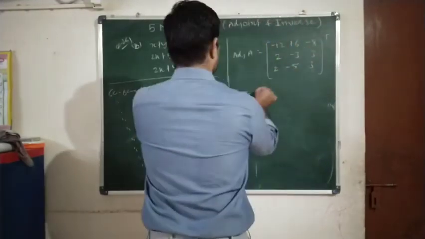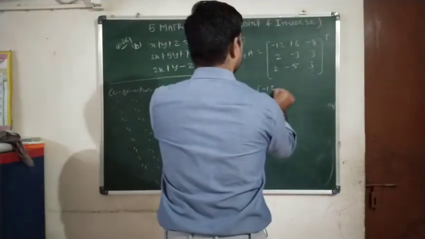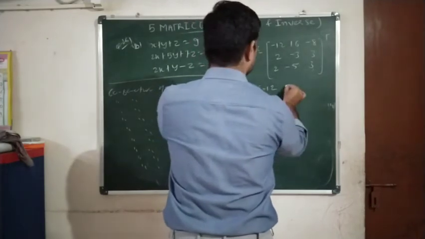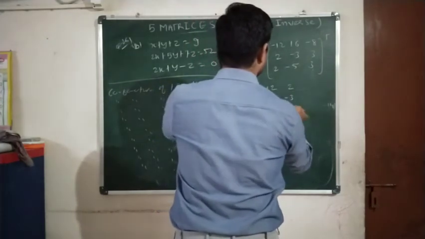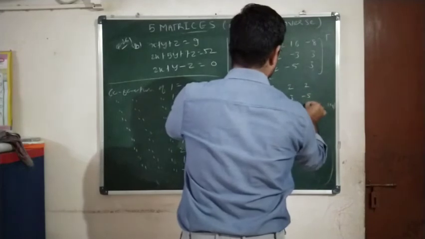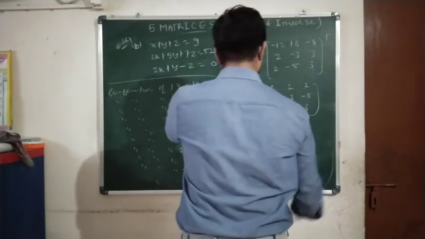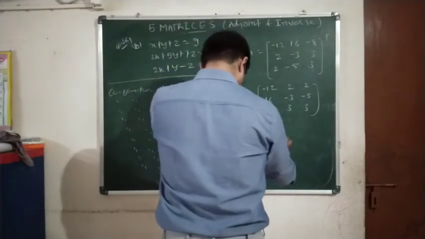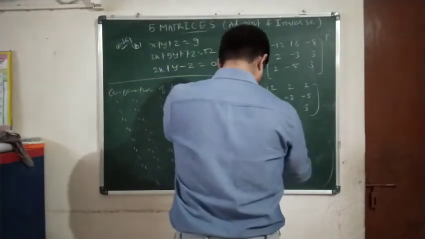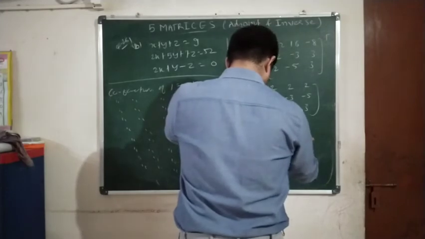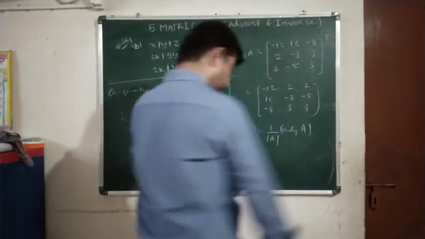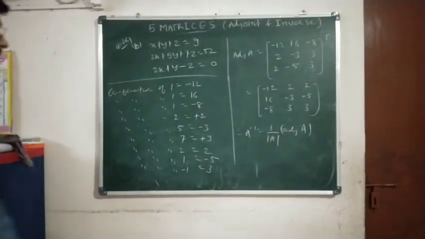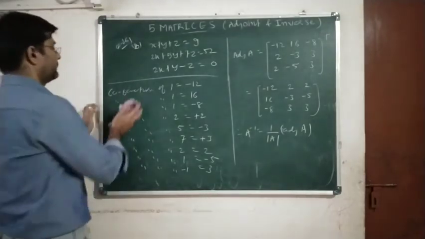Transpose is minus 12, 16, minus 8, 2, minus 3, 3, 2, minus 5, 3. This is the adjoint of A, and therefore A inverse is equal to 1 upon determinant of A into adjoint of A. Determinant of A was minus 4, yes or no?